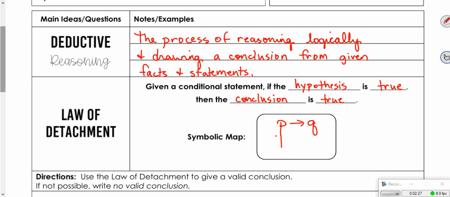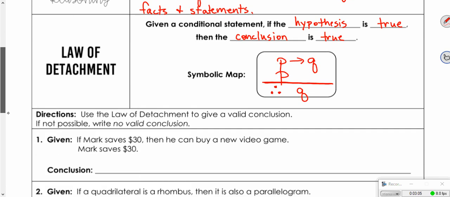Then we can say, if P then Q, and then the next step is P is true, therefore, these three dots mean therefore, Q. So if you set up the statement, if P then Q, and then you say P's true, therefore Q has to be true.